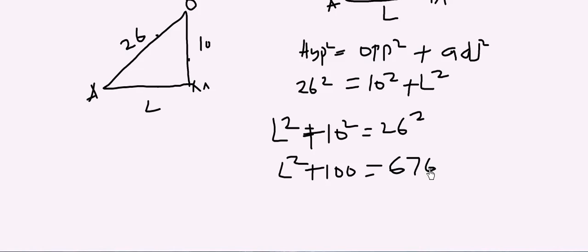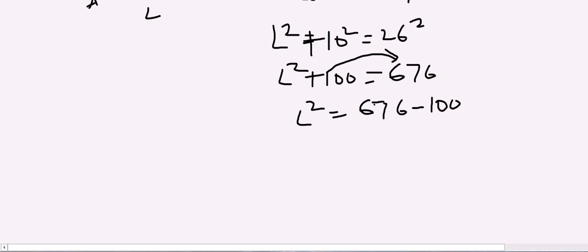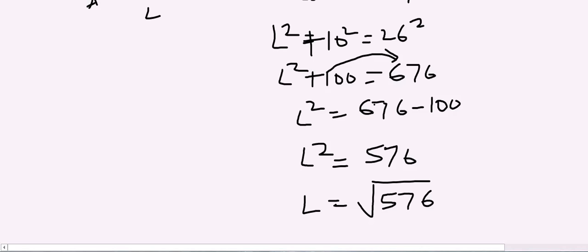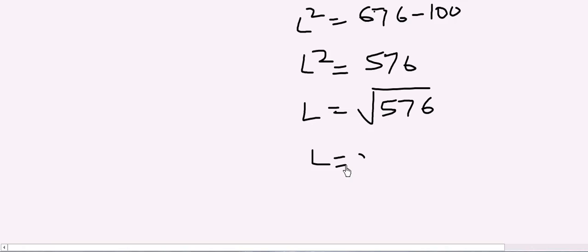If 100 crosses the equality sign here, it becomes negative. So I have L squared is equal to 676 minus 100. In that case, L squared is equal to 576. To get L, I take the square root of 576. So L is equal to 24 cm.